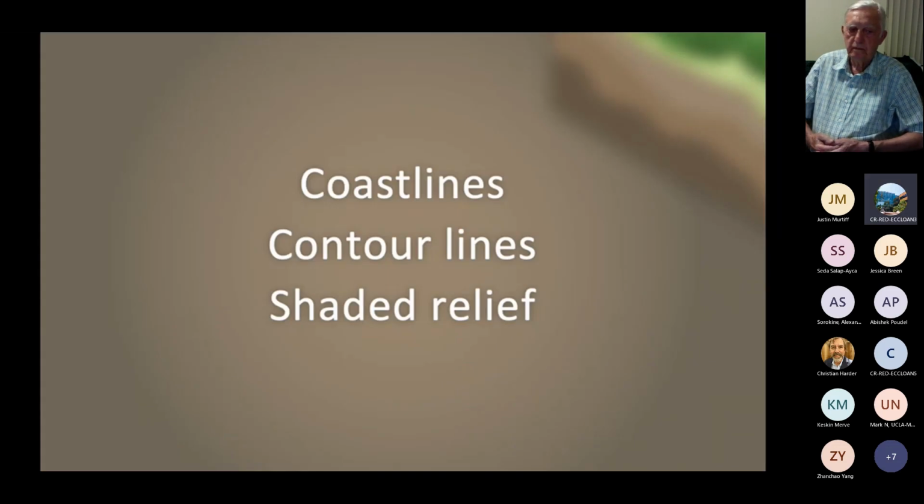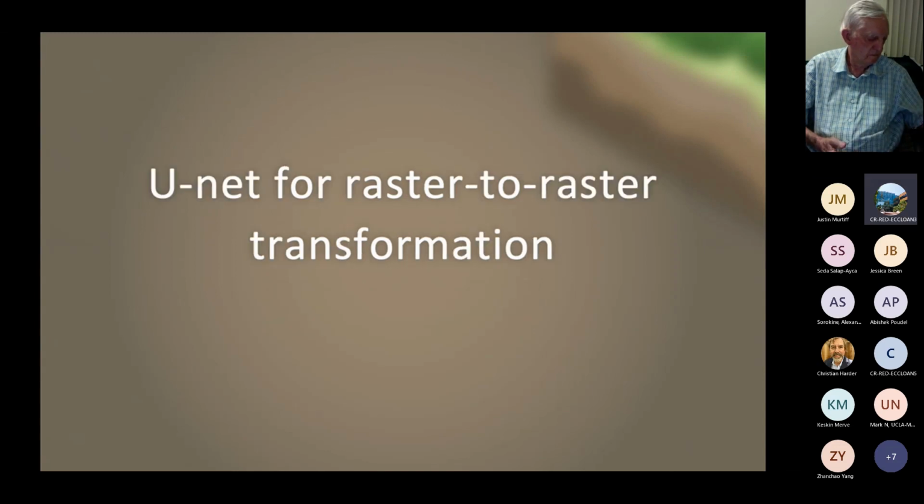So apparently coastlines, contour lines, and shaded relief, the generalization of those three elements are quite different, but actually what we do is we use machine learning for all three problems, and we use neural networks, or more particularly UNets, for these generalization operations.